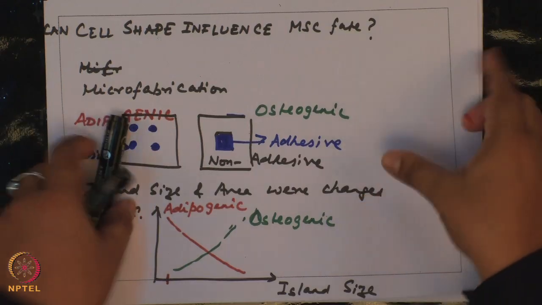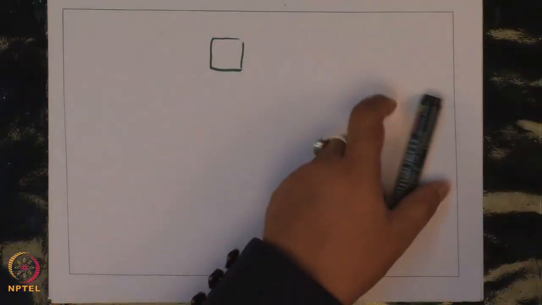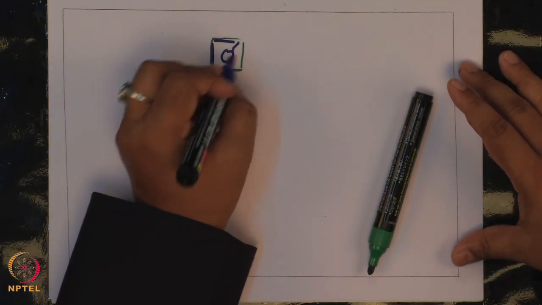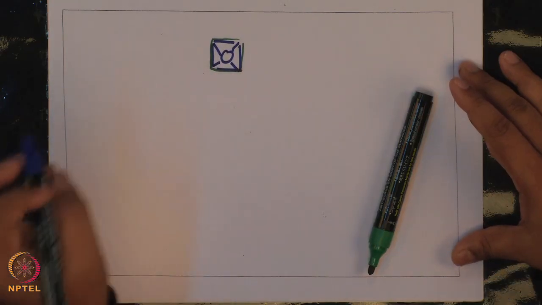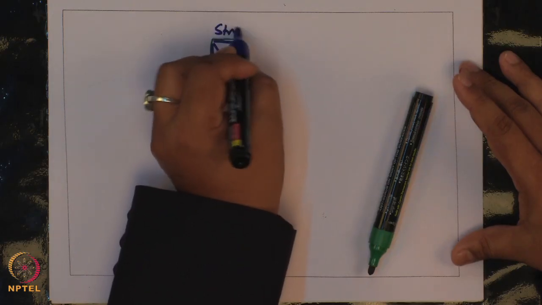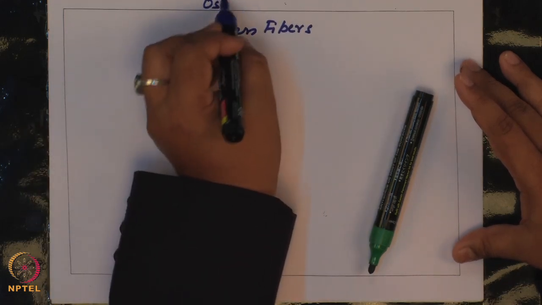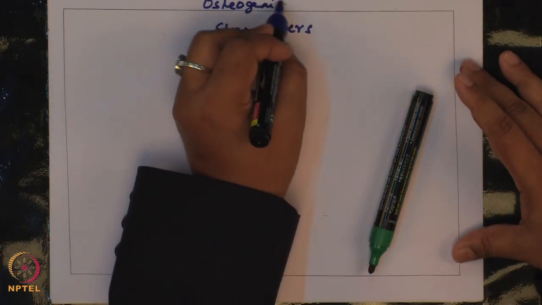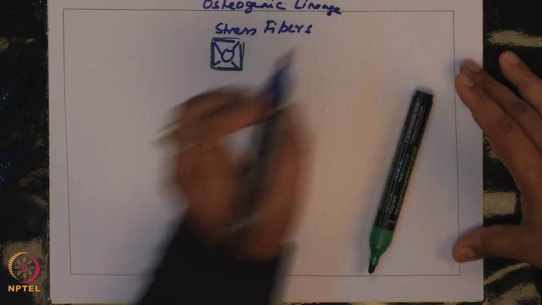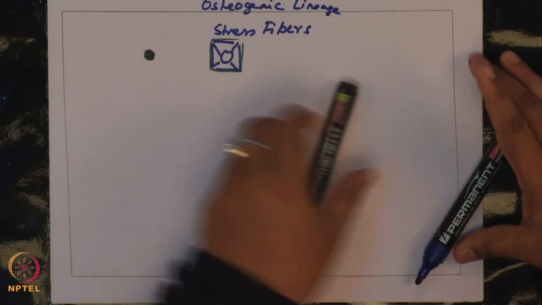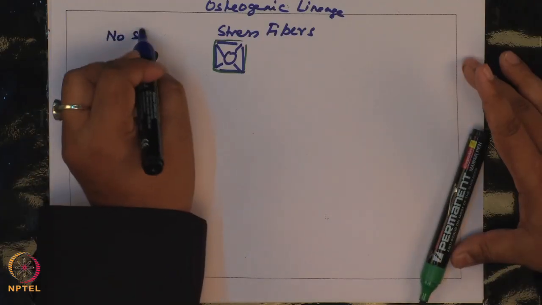Now, when they looked at the cells, you had strong stress fibers in case of cells which differentiated into the osteogenic lineage. And in case of adipogenic differentiation on small islands, there were no stress fibers.